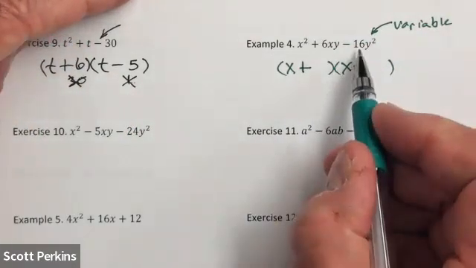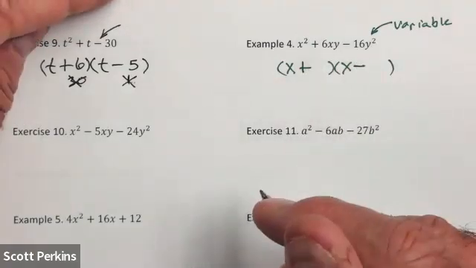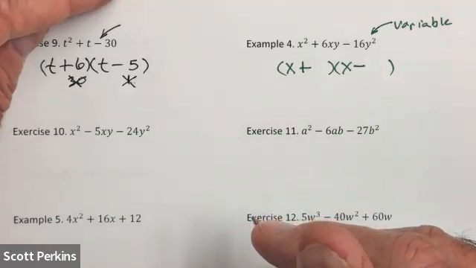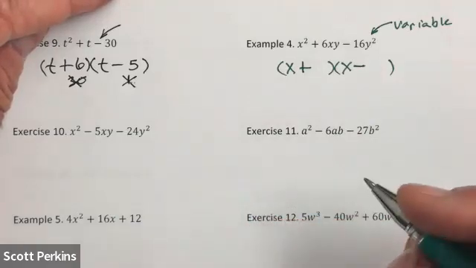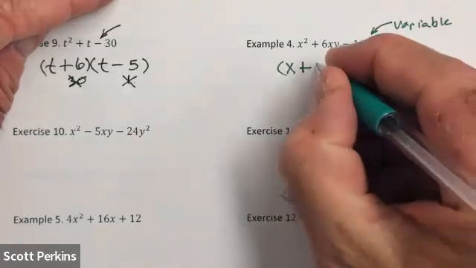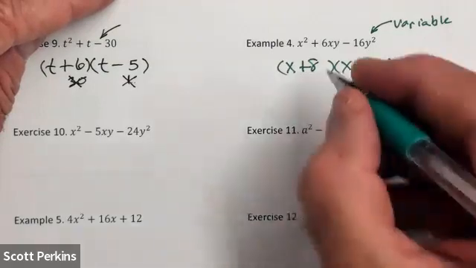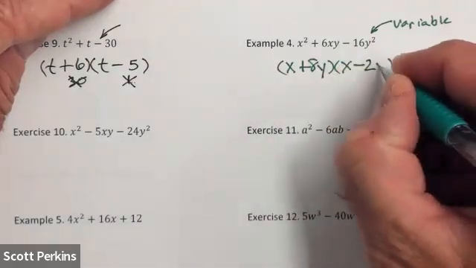What are the two factors of 16 that are going to be 6 apart? Is it 4 and 4? 8 and 2. Perfection. So it's going to be positive 8 and negative 2. And then all you do with that y squared on the end now is you say, okay, it's going to be 8y and 2y.